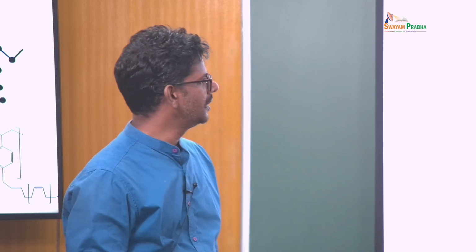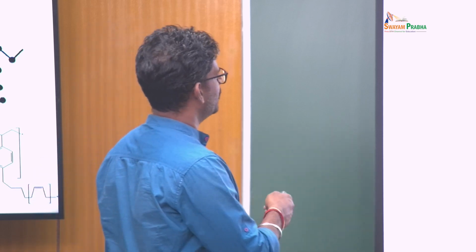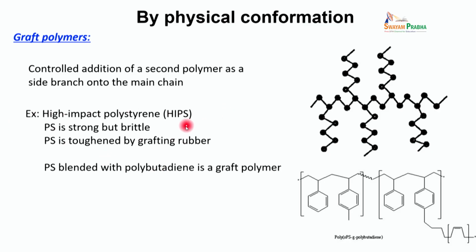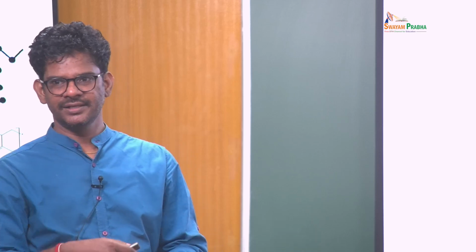Okay. So, an example of this is a high impact polystyrene. Polystyrene naturally is very strong, but it is also very brittle, it is easy to break. So, to include toughness, you basically add rubber, not physically added, but a polybutadiene, which is another rubber, is actually grafted, meaning added as a side group to the main chain polystyrene.